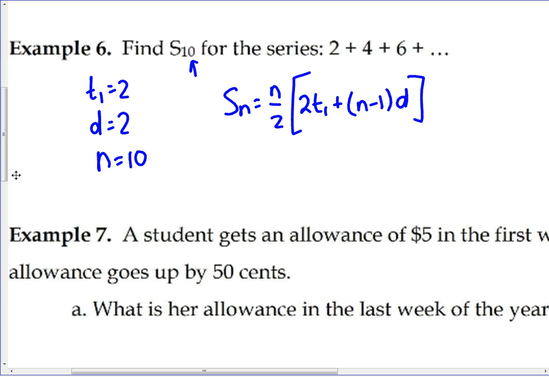Let's do 7 or 8. Pick one. Look at 7, look at 8. Tell me which one you think looks harder. Let's solve that one. 8, 7. Okay, who says 7?